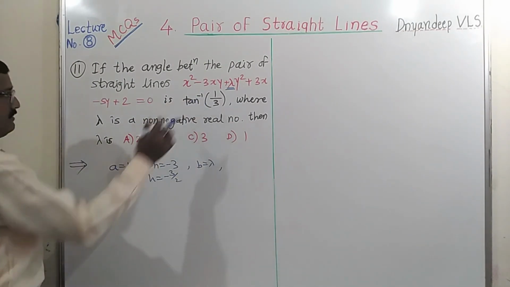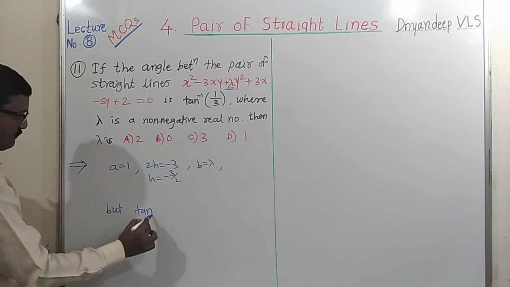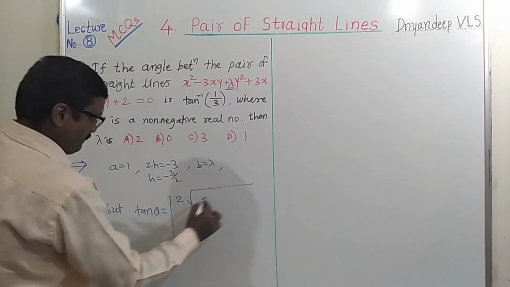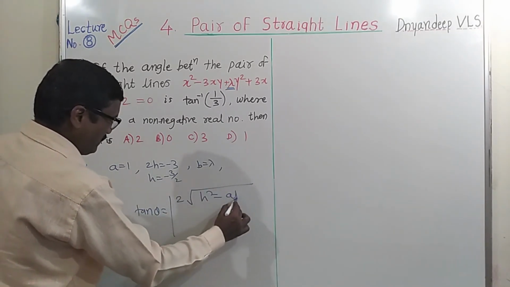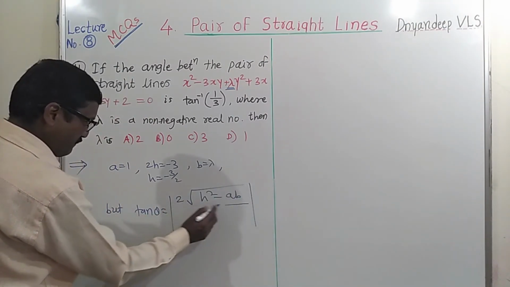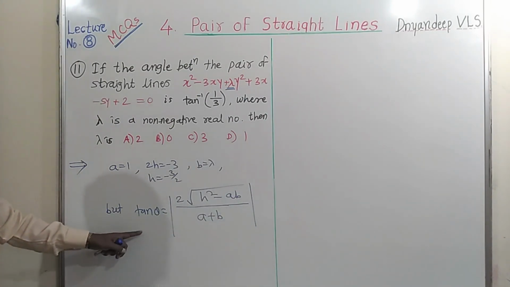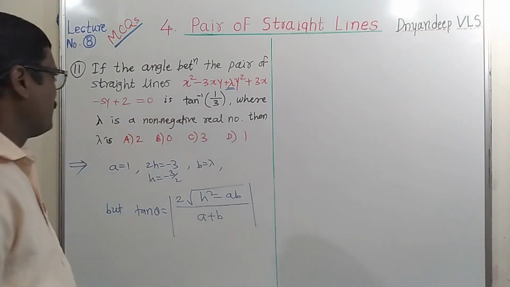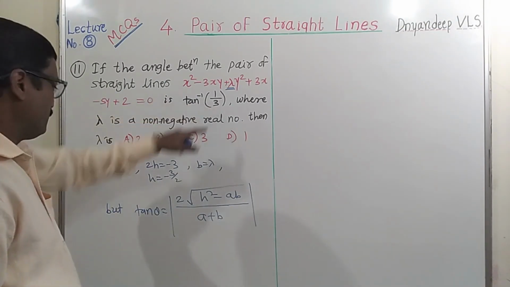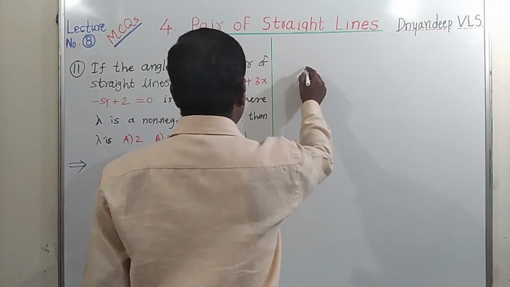The angle is given as tan inverse of 1 by 3, but tan theta is equal to mod of 2 root of (h square minus ab) whole divided by a plus b. So here theta is given as tan inverse of 1 by 3, so tan theta is equal to 1 by 3.